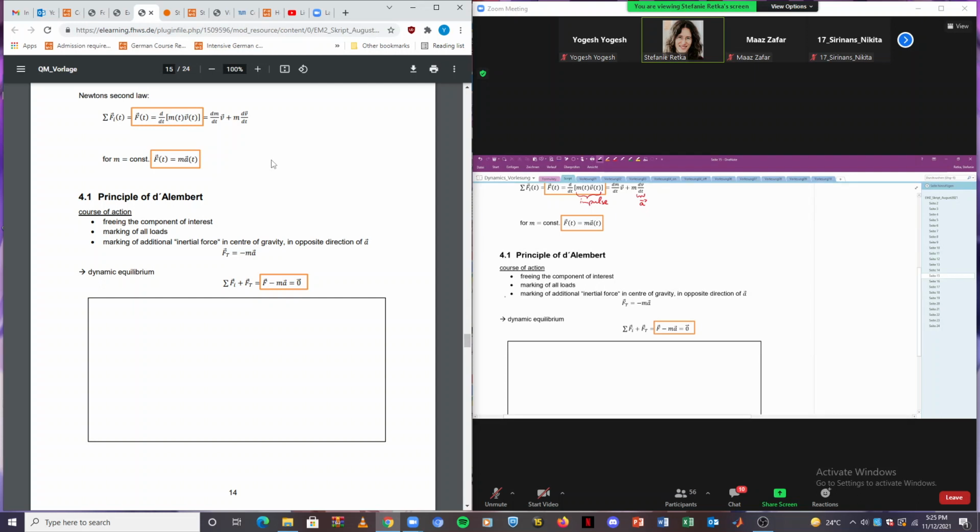So if we add this additional force, we can build the dynamic equilibrium equation, which are, from the procedure here, identical to Engineering Mechanics 1. Sum of all forces in horizontal and vertical direction.